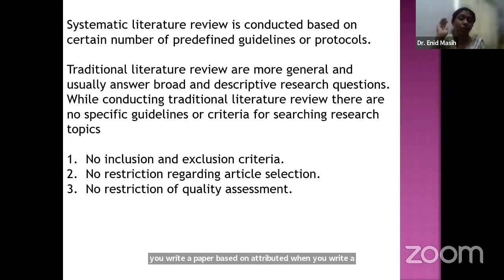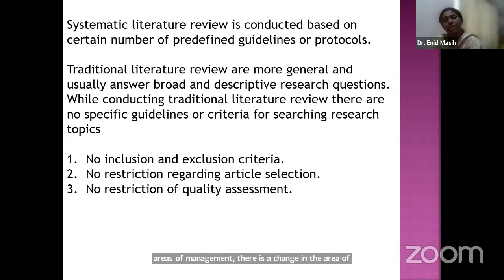By this, I don't want to say that a traditional literature review is not good. No, I'm not saying that. But we all know that change is an important aspect of management. Now, as things have changed in different areas of management, there is a change in the area of review of literature also.